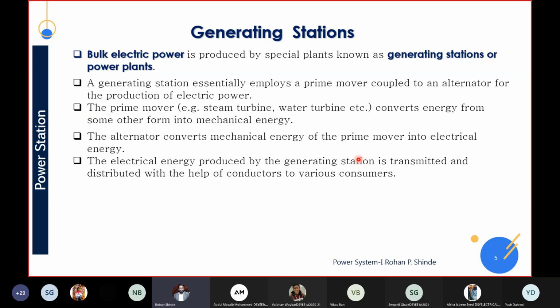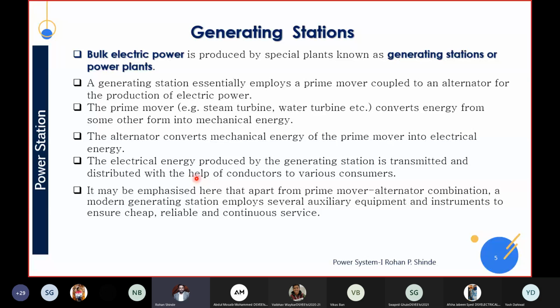That is called a power system that we have already seen. Okay, electricity generated at the generating station has to be transmitted over a larger distance, and this can be done with the help of different conductors, and after transmission of this electrical power we have to distribute it among the various consumers, which is known as a power system.